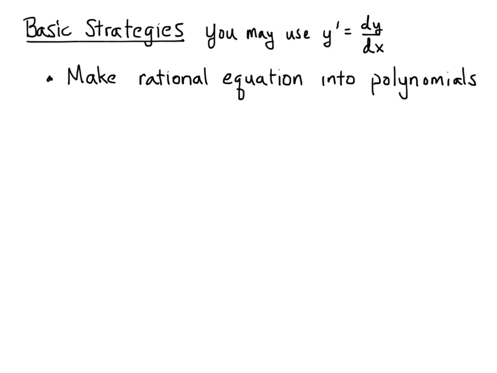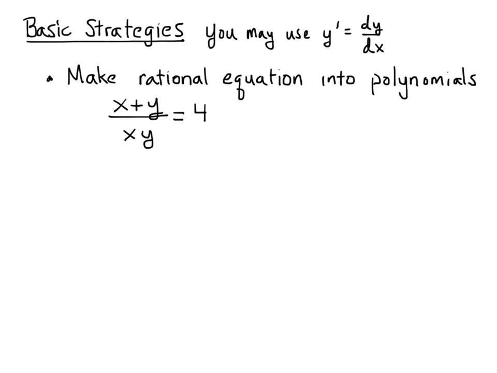So you want to get rid of all your denominators, because that allows you to use the product rule and the chain rule exclusively without getting into the quotient rule. Avoiding the quotient rule is actually pretty beneficial.